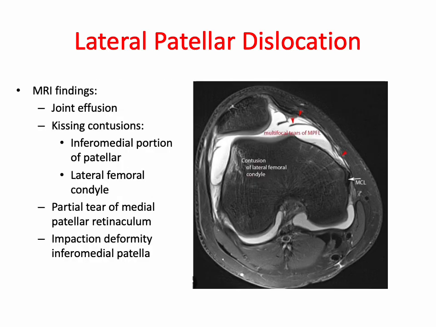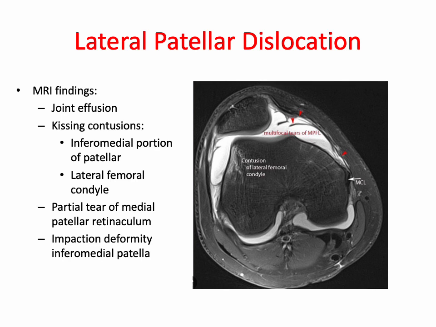MRI is helpful in looking for things that predispose to patellar dislocation as well as sequelae of patellar dislocation. Things like joint effusions. We've got so-called kissing contusions where the bones have been hit up against each other.